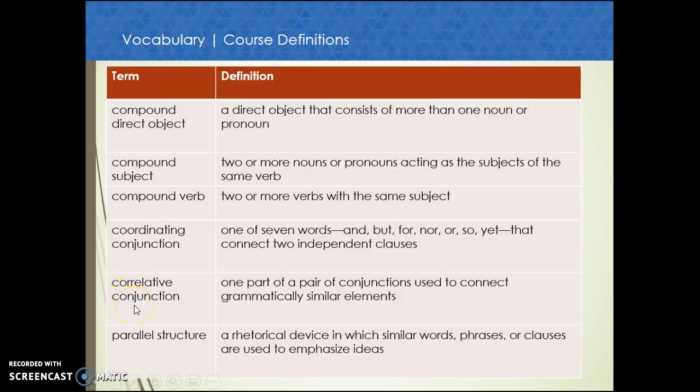There's some practice in the 5.01 recording as well. But make sure that you're familiar with compound direct objects, compound subjects, compound verbs, coordinating conjunctions, correlative conjunctions, and parallel structure.